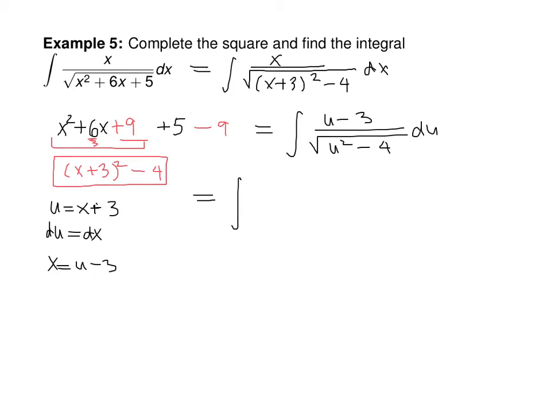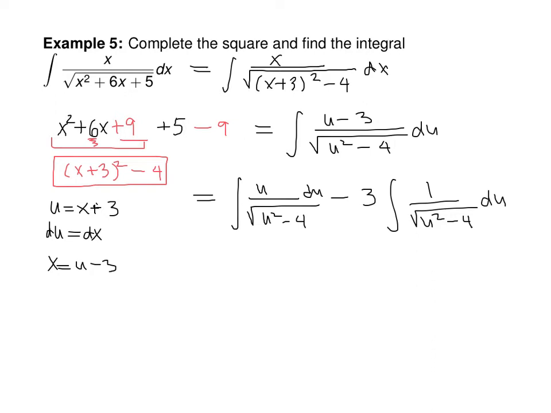So you have the integral of u over the square root of u squared minus 4 minus 3 times the integral of 1 over root u squared minus 4 du. And now we can use different techniques to evaluate each of these integrals.